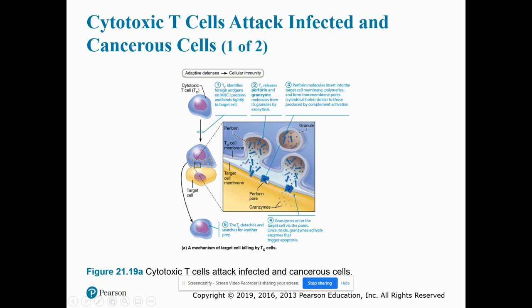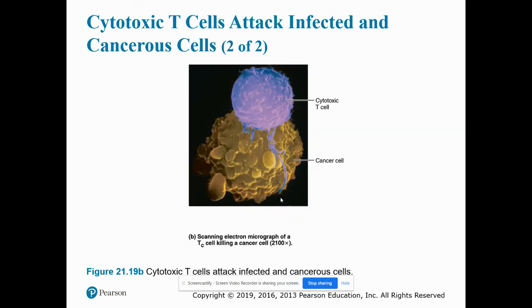They're inserting into the membrane, but we definitely see it here, and it's going to form this pore. Four, the granzymes are going to enter through that pore, and they're going to trigger apoptosis. And then five, the cytotoxic T cell detaches and goes in search for another prey. This is a cytotoxic T cell attacking a cancer cell.